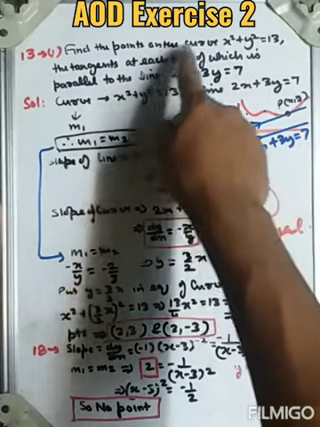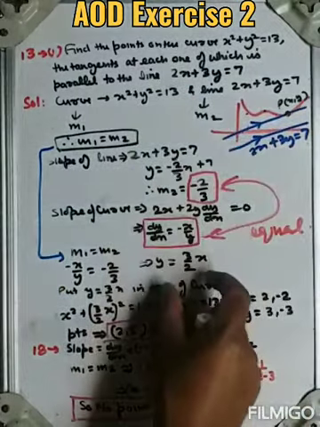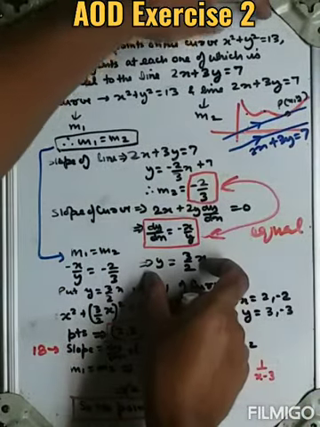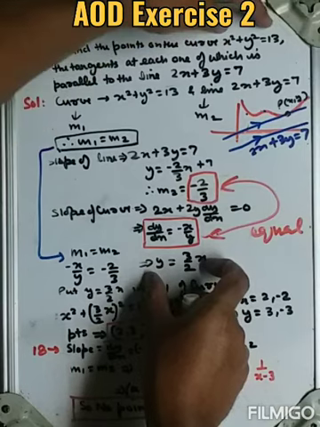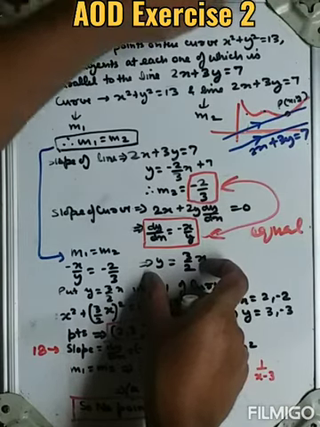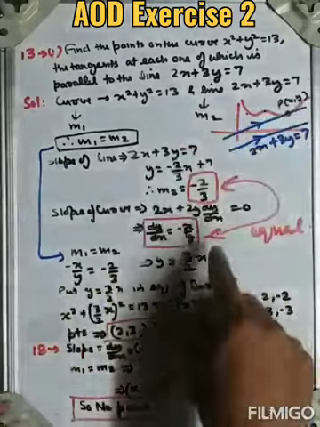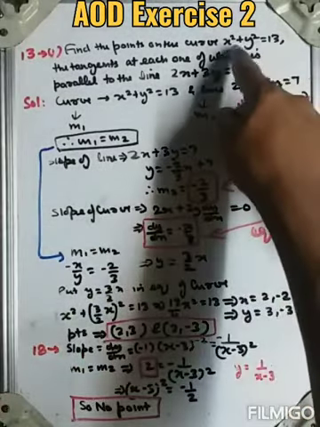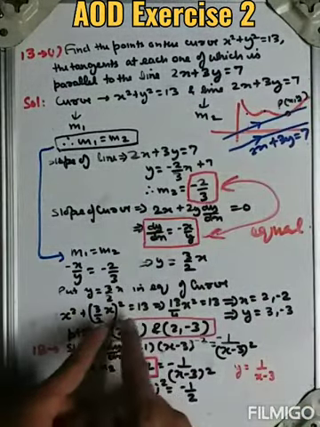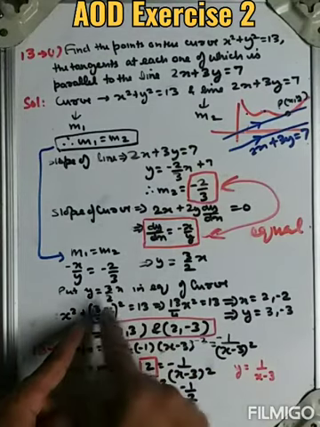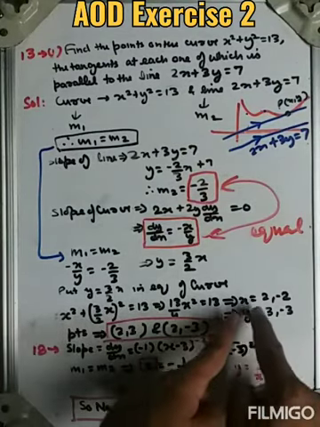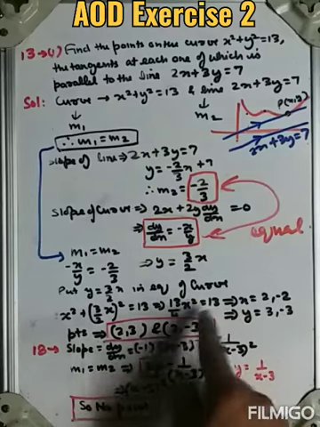We have to find the point on the curve, so put this value in the equation of the curve. x square plus y square equals 13. Put the value of y, 3 by 2x. Solving, we get two values of x because this is a quadratic equation.